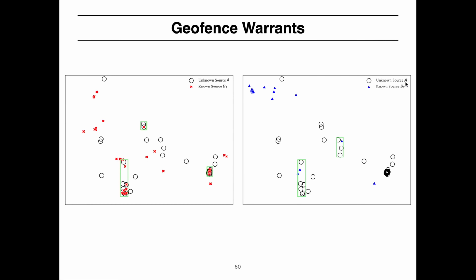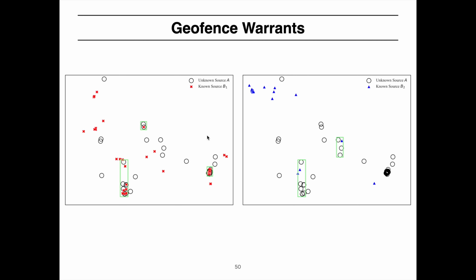And a little bit more concrete example, geofence warrants are starting to gain popularity. So assume that we have some sample of locations defined by these black circles A, and it's the same in both of these plots. These black circles could be locations of interest from a given device, or they could be locations of different crime scenes.